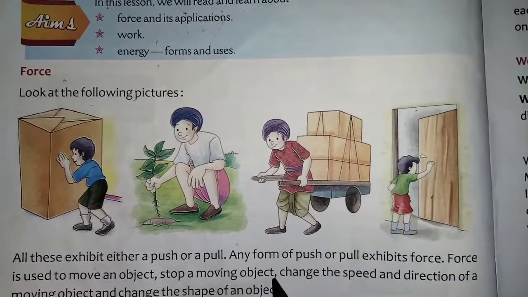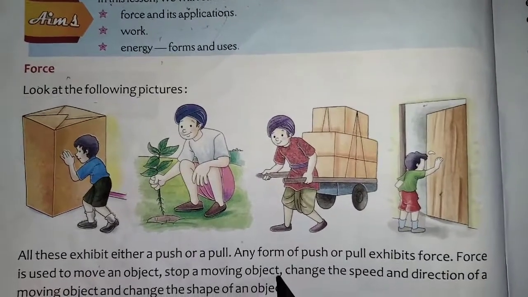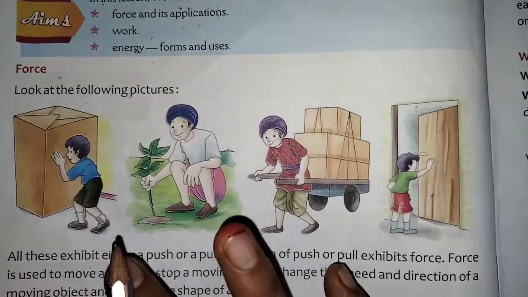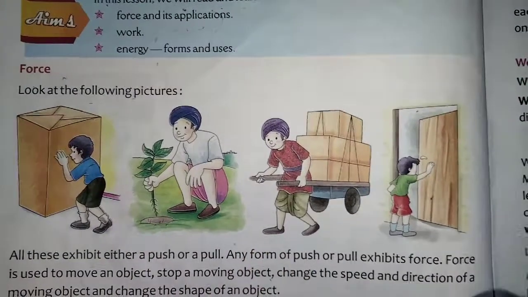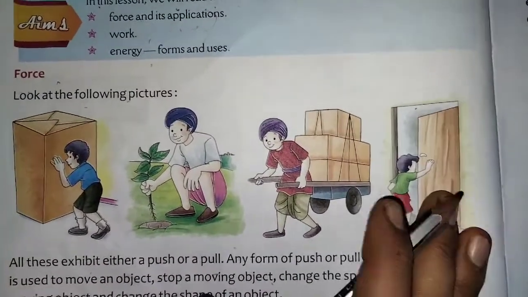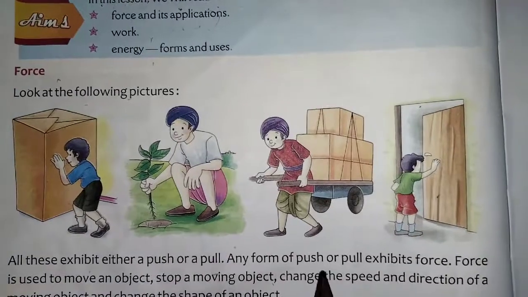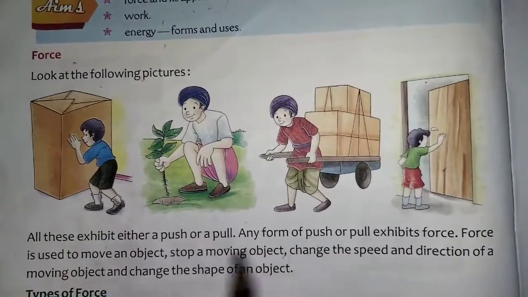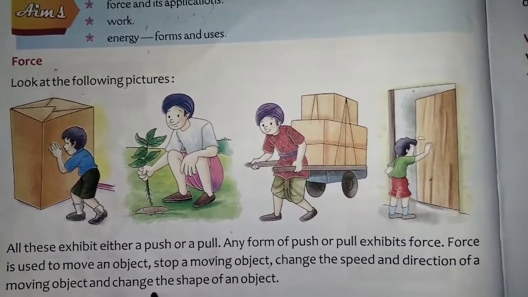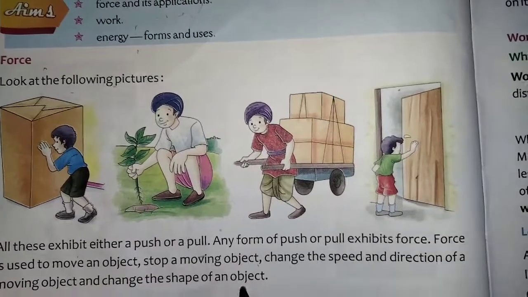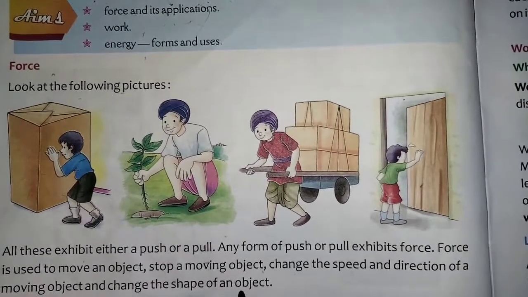Force can make an object move from one place to another, it can stop a moving object, change the speed and the direction of the moving object, and change the shape of an object.